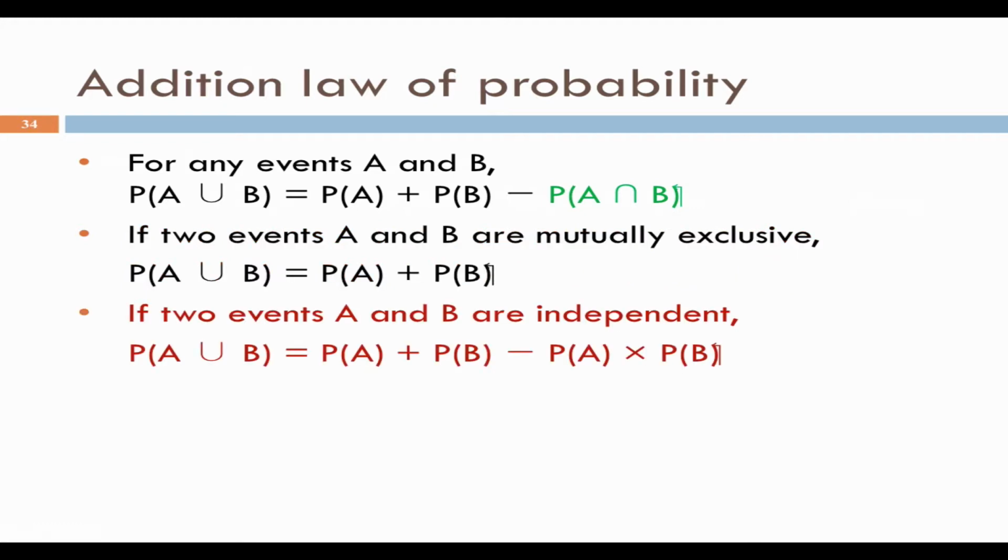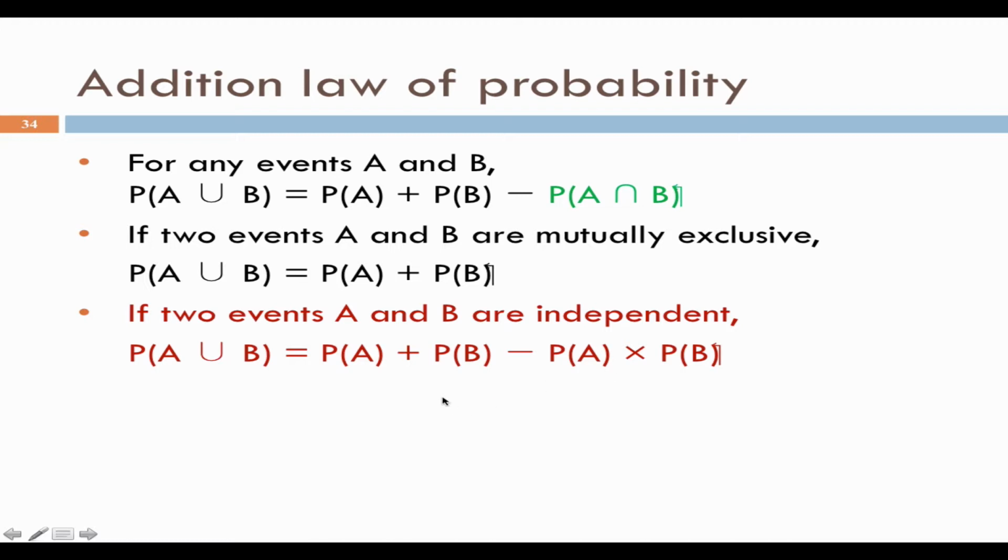Then the next part is, what if A and B are independent? If A and B are independent, you can also apply this rule with one more step. By definition, that means the probability of A intersect B is the product of the probabilities of A and B, right?